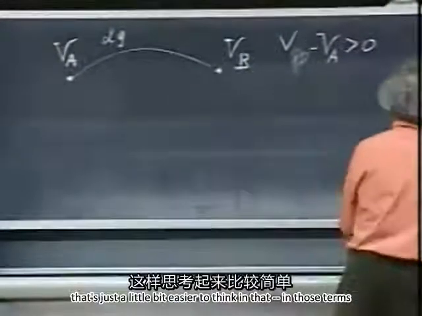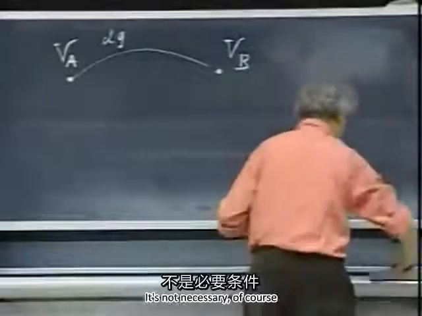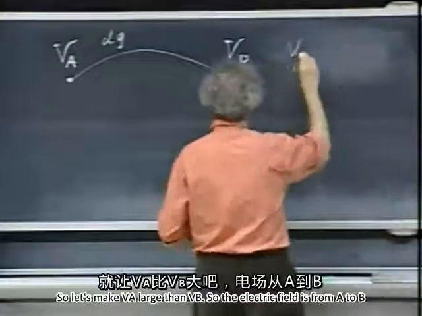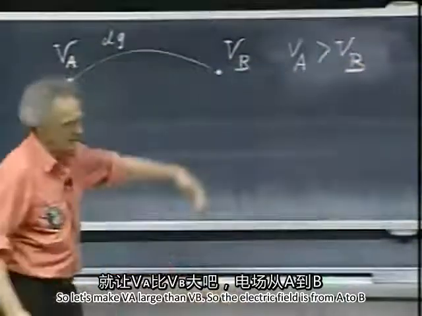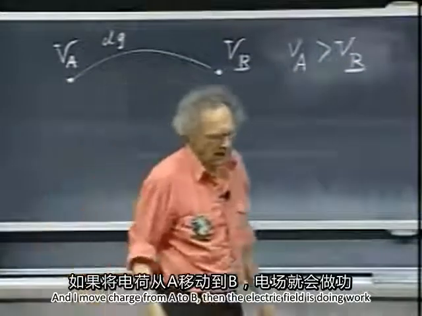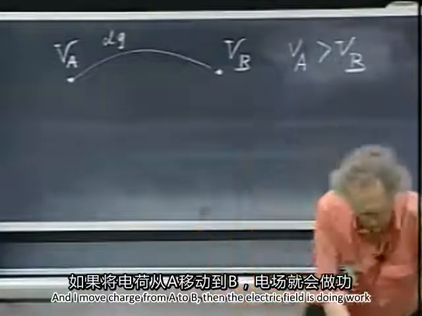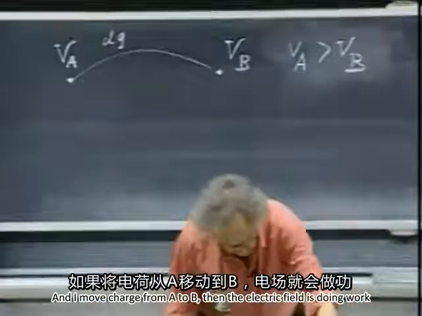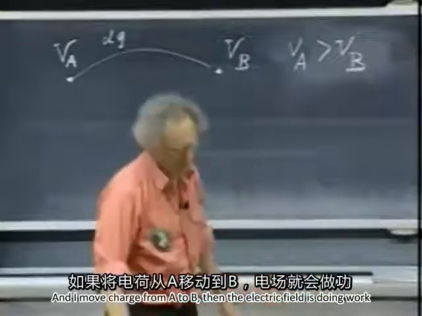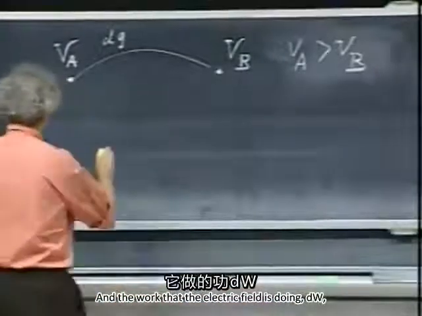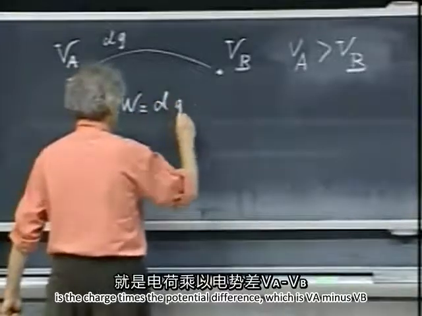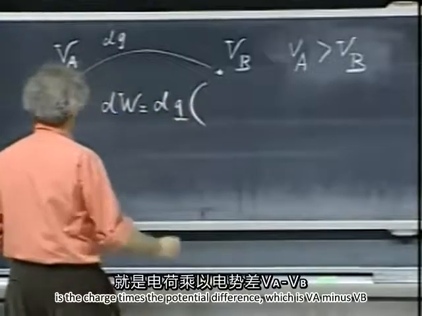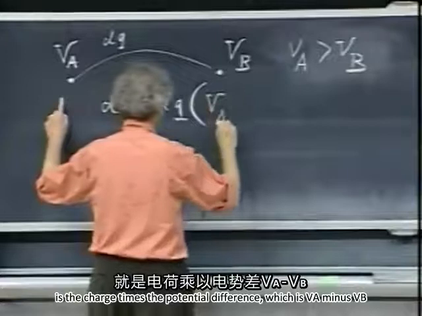That's just a little easier to think in those terms. It's not necessary, of course. So the electric field is from A to B. And I move charge from A to B, then the electric field is doing work. And the work that the electric field is doing, dW, is the charge times the potential difference, which is VA minus VB.